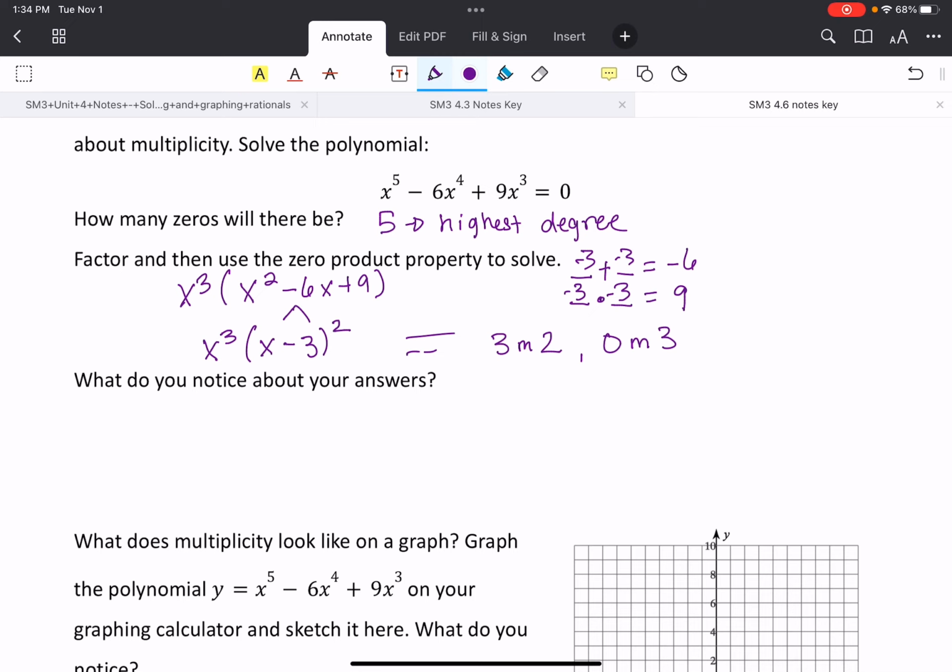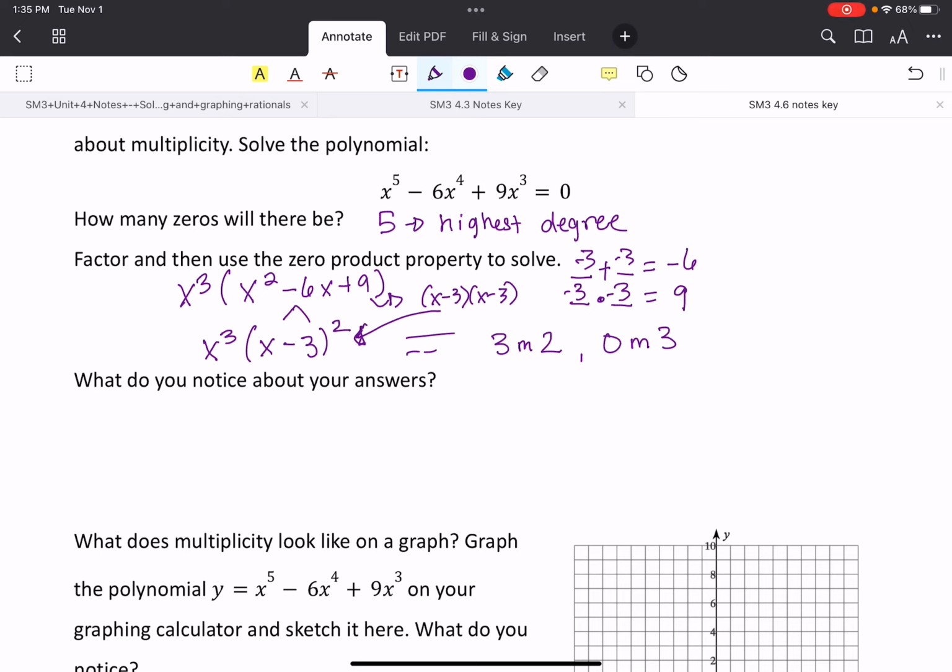Yeah. Squared. Yep, so you could write this as x minus 3, x minus 3. Somebody said it, so I just wrote it down.